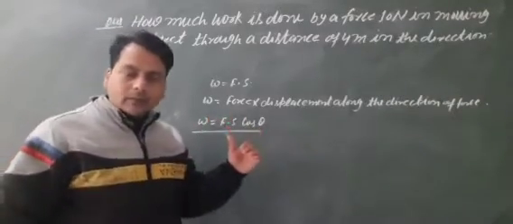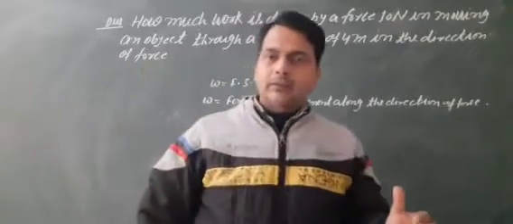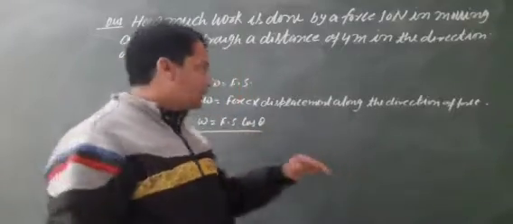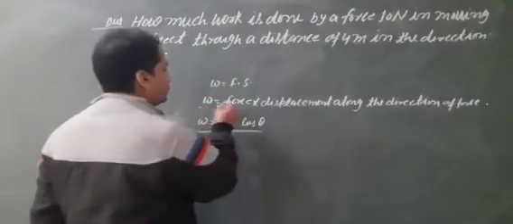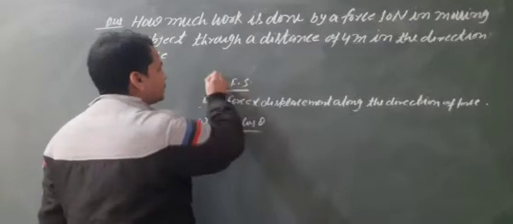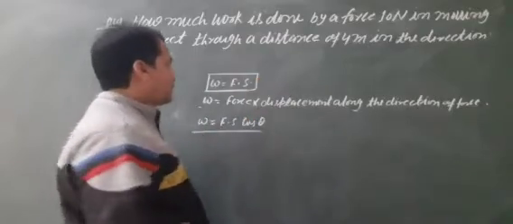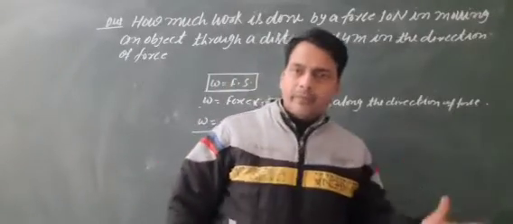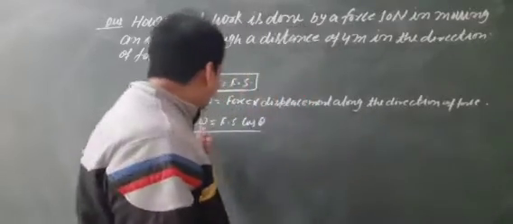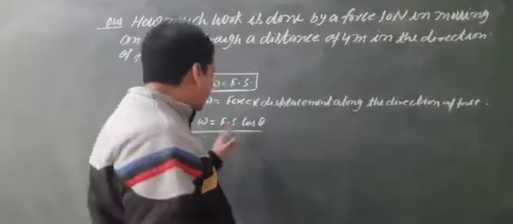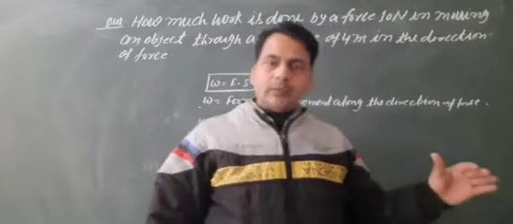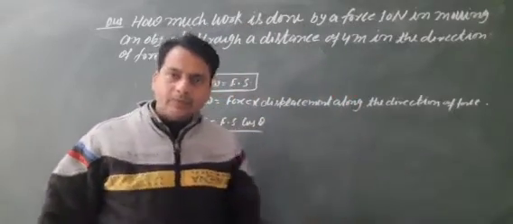And when the force acts on the object and the object is displaced along the direction of the force, then W equals F into S. So W equals F into S is used when the object is displaced along the direction of the force, and W equals F into S cos theta is used when the object does not move or displace along the direction of the force.